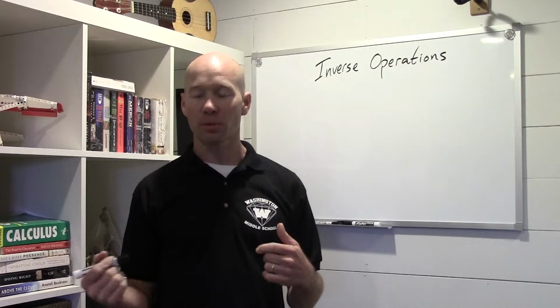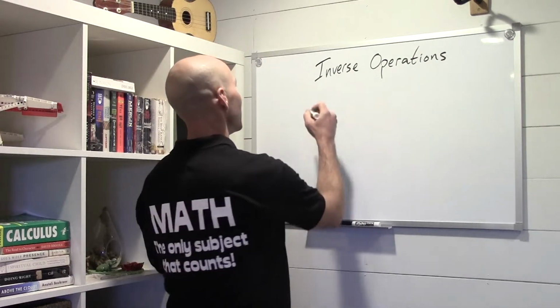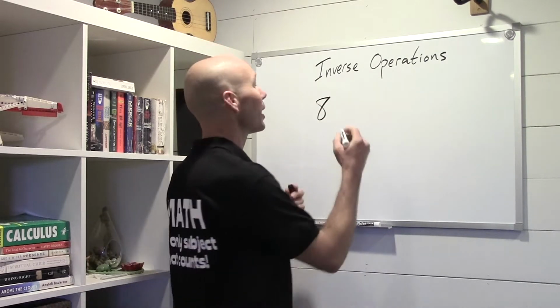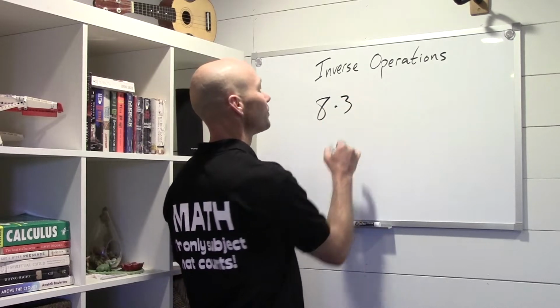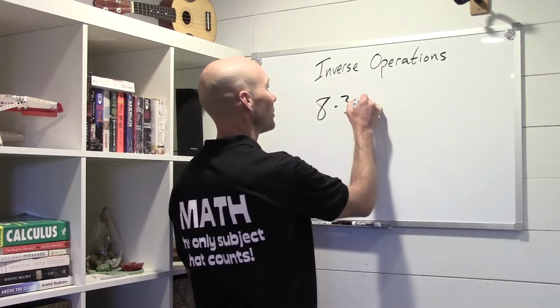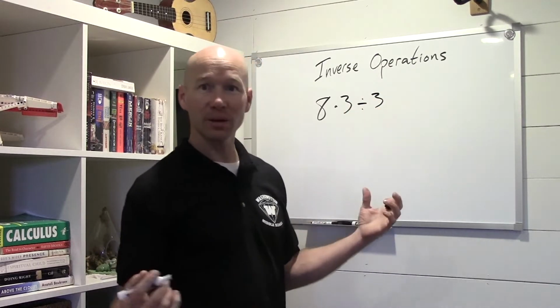Alright, inverse operations. So again, we're talking about multiplication and division. If I take the number 8 and I multiply 8 times 3, and then I divide 8 times 3 divided by 3, I get what?